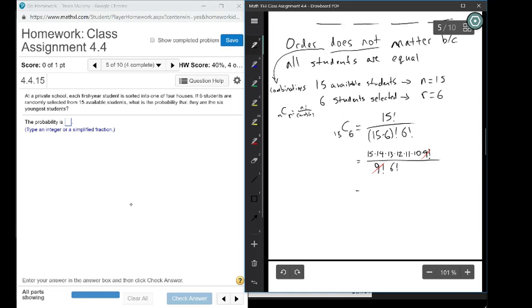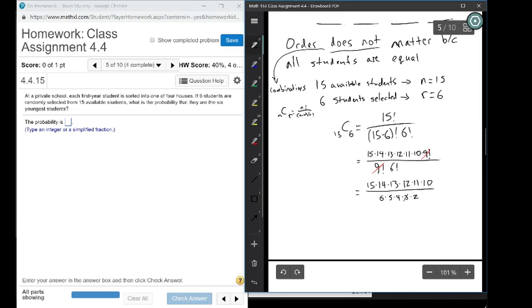And then we have 15 times 14 times 13 times 12 times 11 times 10 over 6 times 5 times 4 times 3 times 2 times 1, but we don't need the times 1. So you could start canceling out like factors if you'd like.